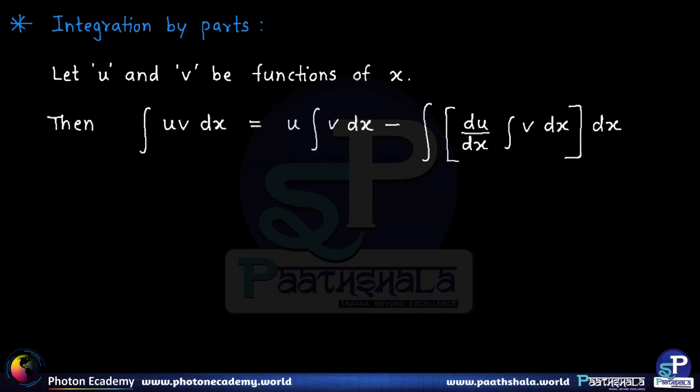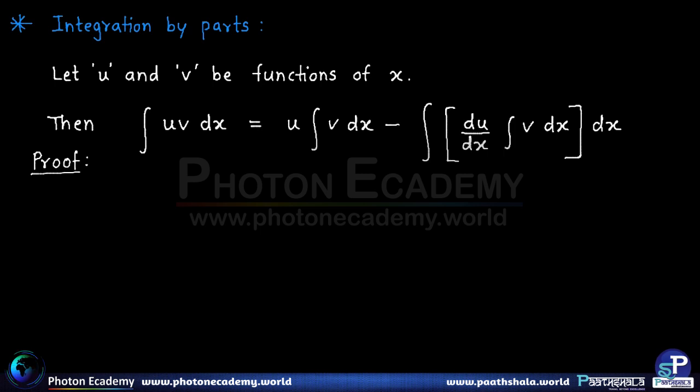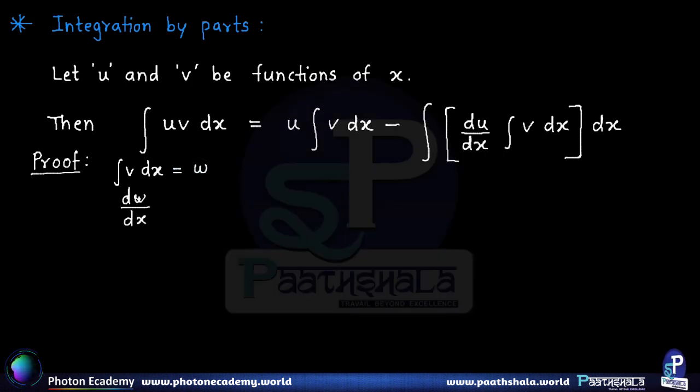Now let's see a quick proof of this particular statement. To prove this, we start off by assuming the integral of v dx to be equal to, say, w. So in other words, dw by dx is nothing but v, isn't it?